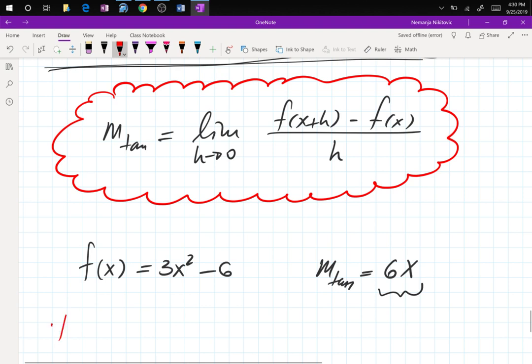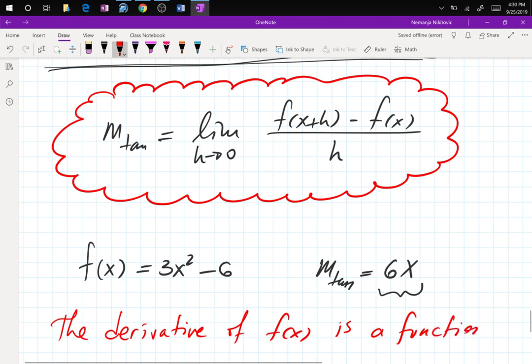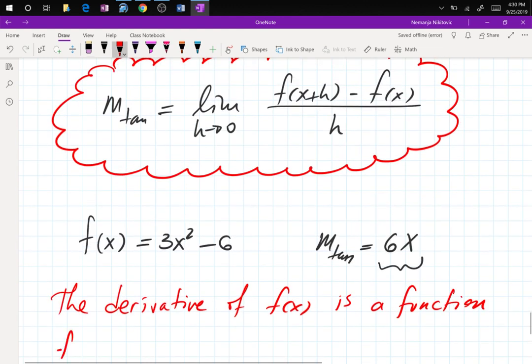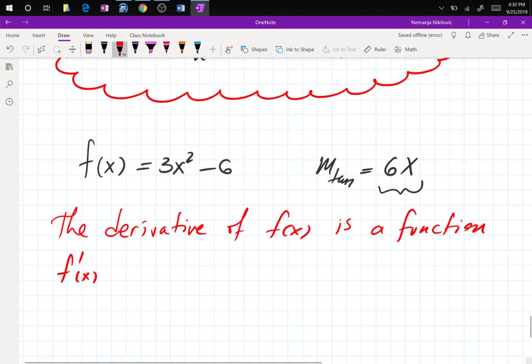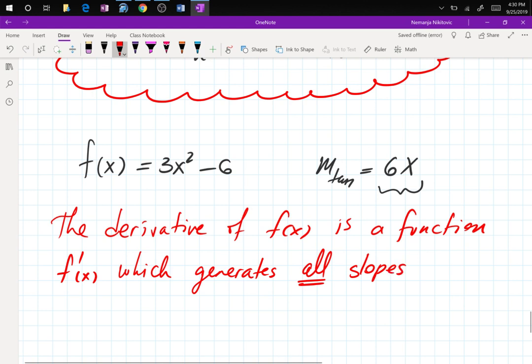So, the derivative of f of x is a function, and we generally call it f prime of x, which generates all slopes for the tangent line.